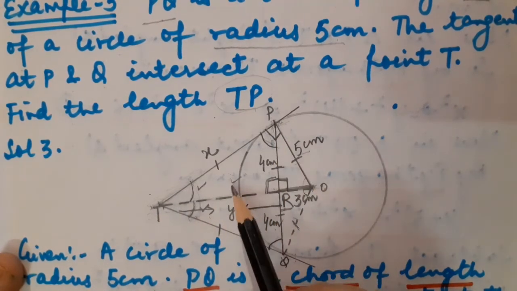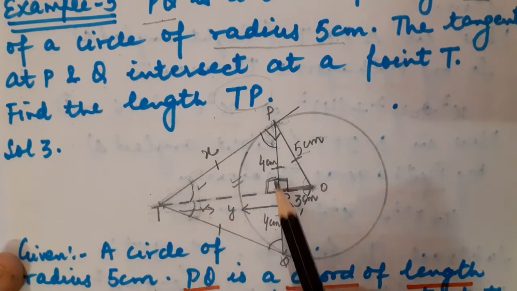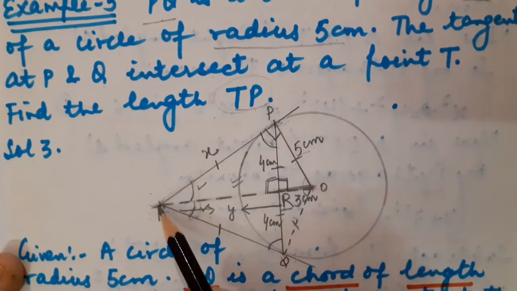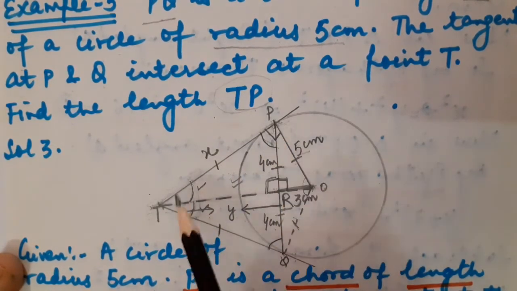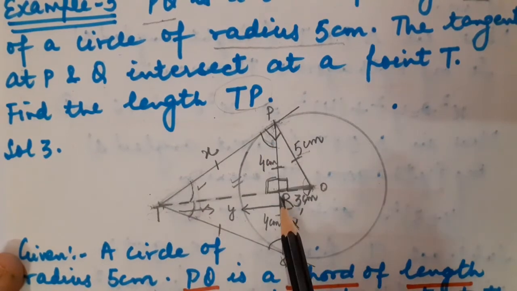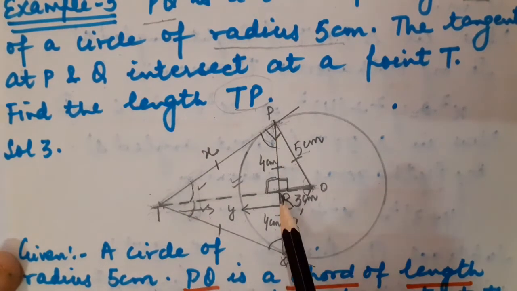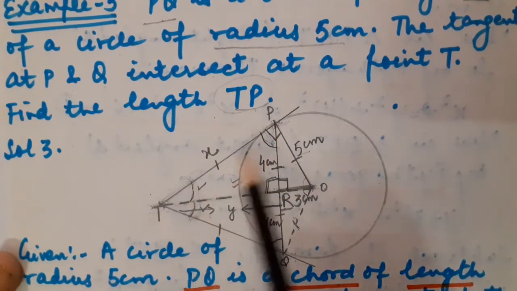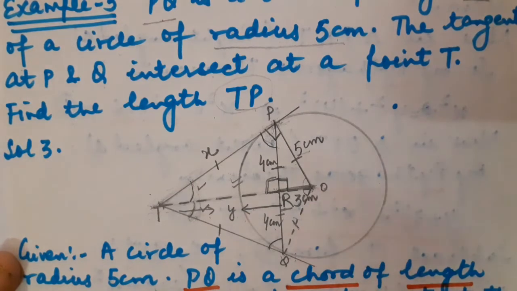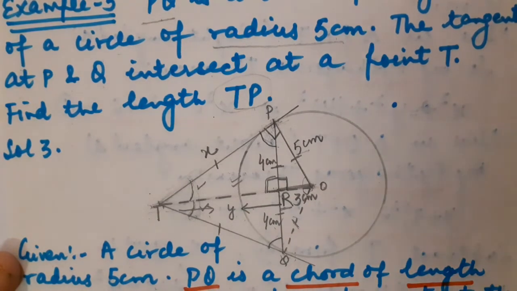So I can apply Pythagoras theorem on this smaller right angle triangle, that is TPR, and on the bigger triangle, that is TPO. Correct, children?